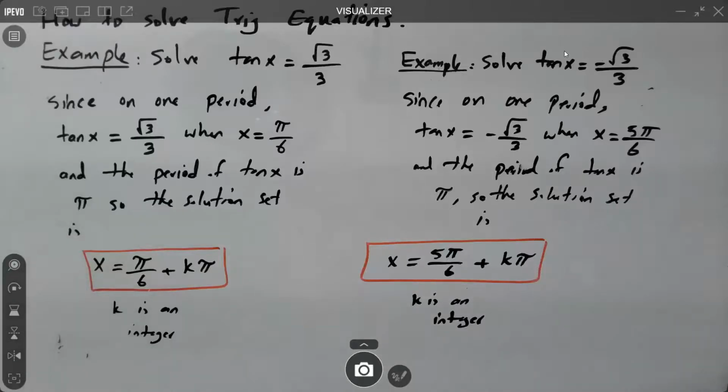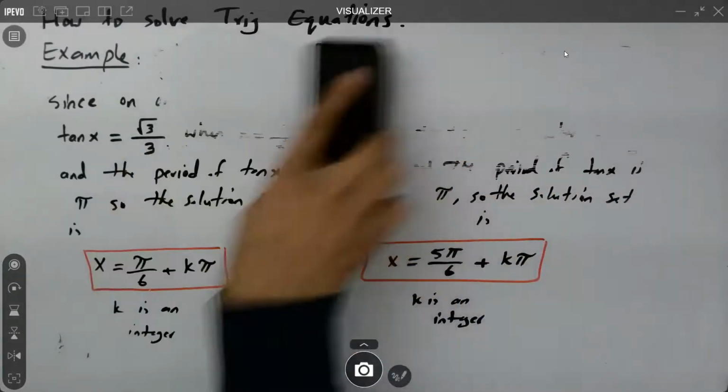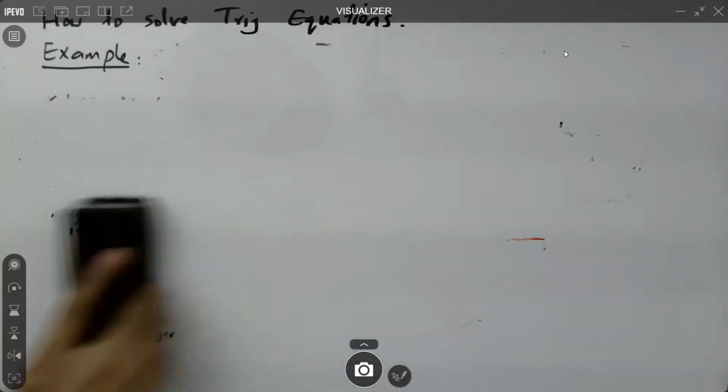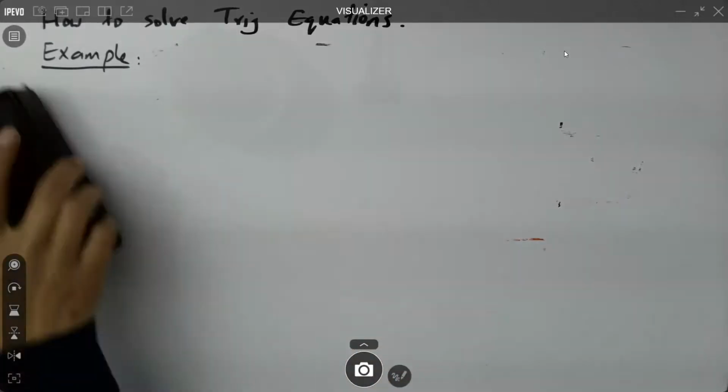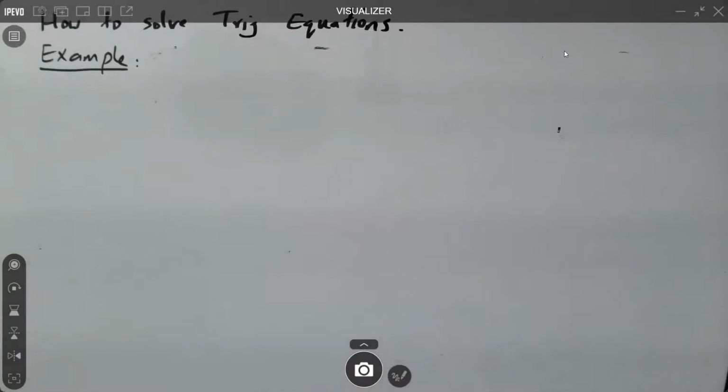Let's go over another example. In this example, I want to make it a little bit more interesting. Suppose I ask you to solve the following equation. Well, what is the equation?